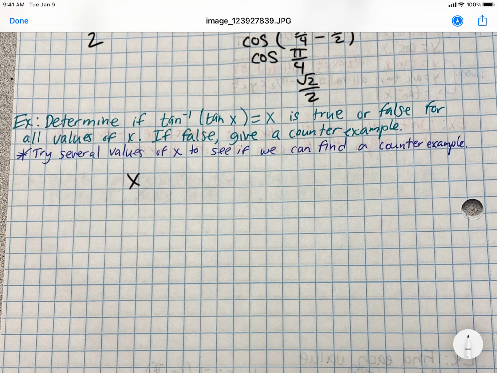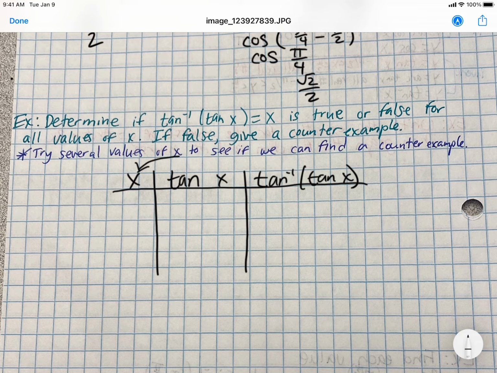So I'm going to make a chart of different values to plug in, so we can figure out, is this equal to this? If we can find a case where it's not, then we know that this is false.